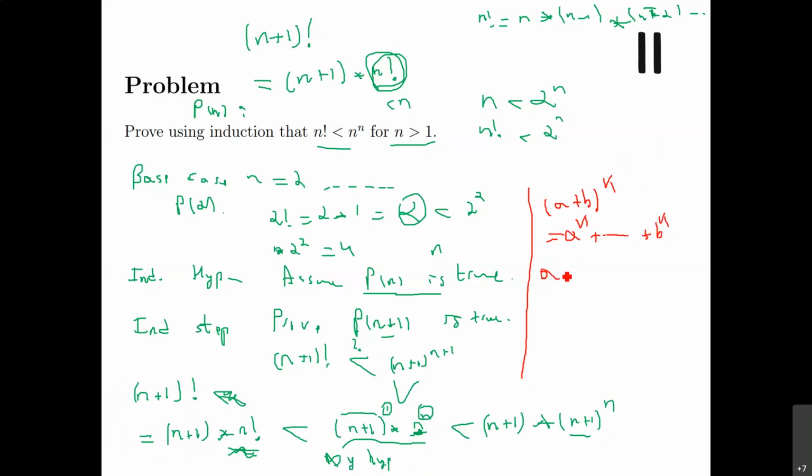Kind of like if you have a plus b squared, it's a squared plus the stuff in the middle, which is 2 times a times b, plus b squared. So when I say n plus 1 power n, if you want to expand that, you're going to have n power n plus some stuff. So n plus 1 power n is definitely greater than n power n, which is why we can say, yes, this is less than this.